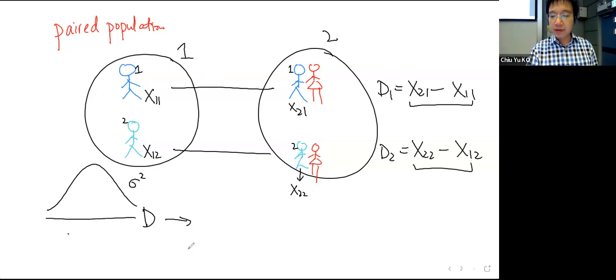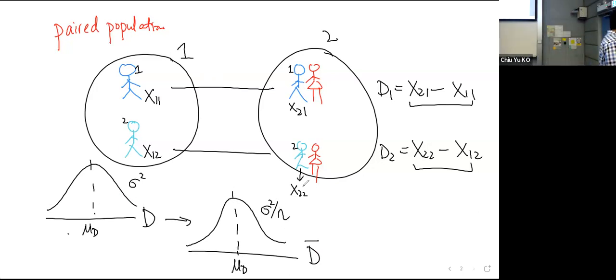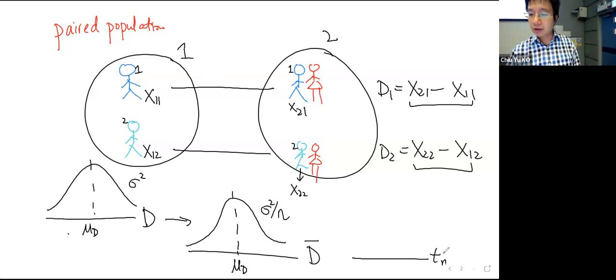that means that the sample mean D bar will follow a bell curve with some mean mu D, and variance sigma square over N. If you know the sigma square, then we just do the standard normal Z test. If we don't know that, we do the T test, with N minus 1 degrees of freedom.